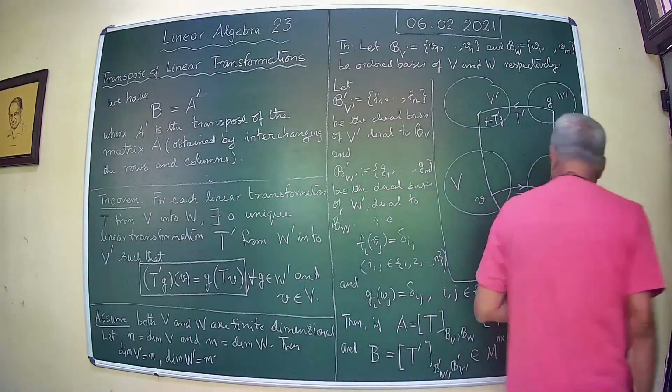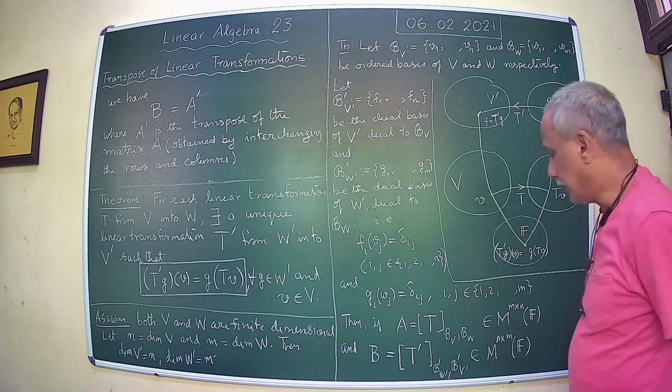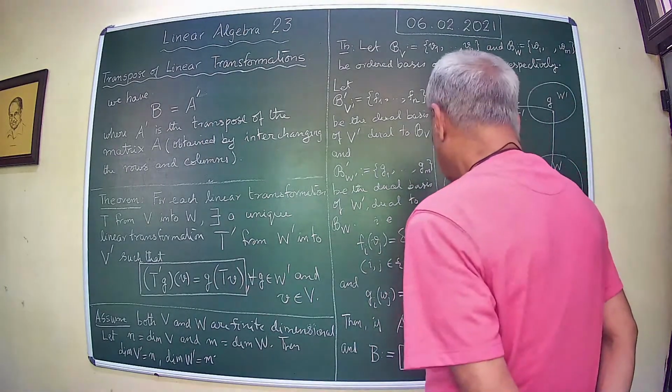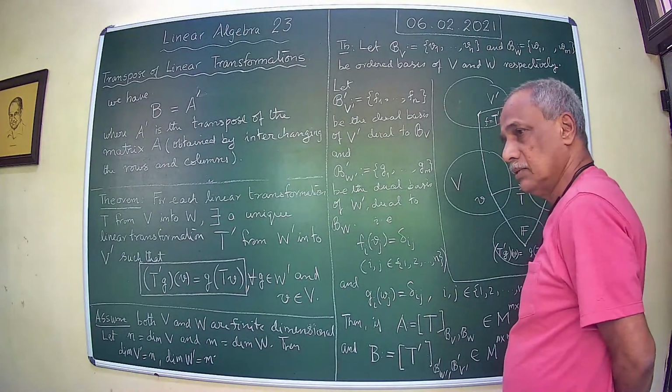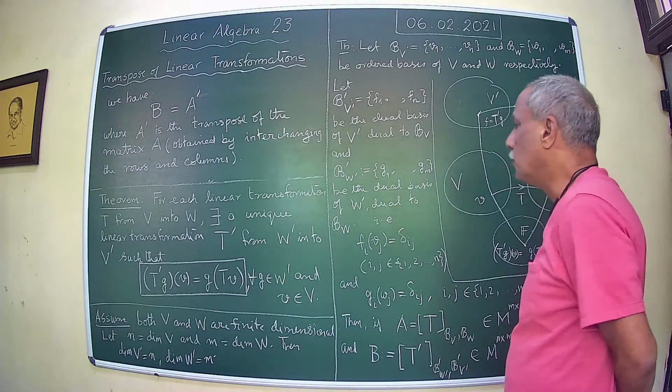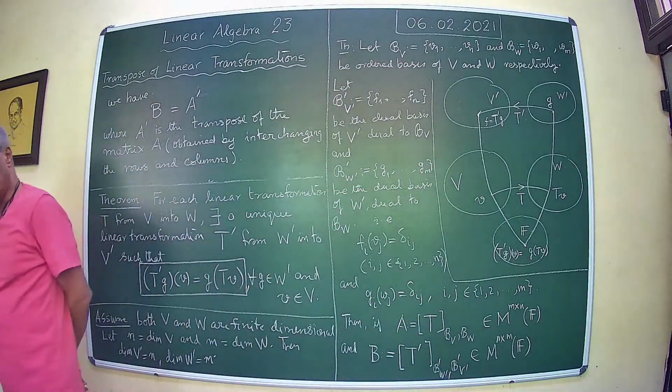So this is the connection between the matrix representations of T and T prime related to the dual basis. Okay, so this is what we have proved.